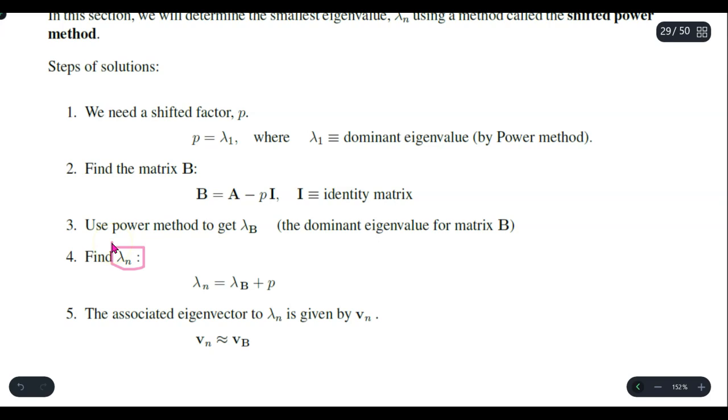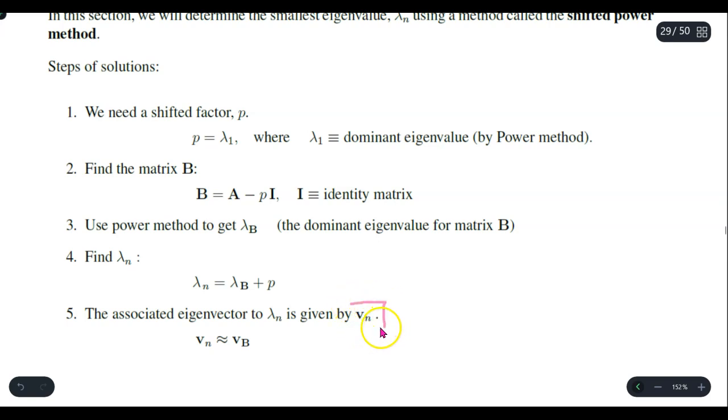If we have a matrix A which is 3 by 3, then your lambda n is supposed to be lambda 3. Lambda n is equal to lambda B plus P. The associated eigenvector to the lambda n is given by Vn.